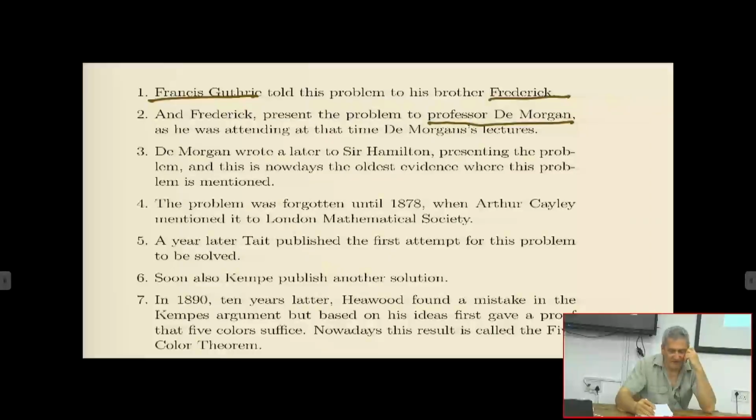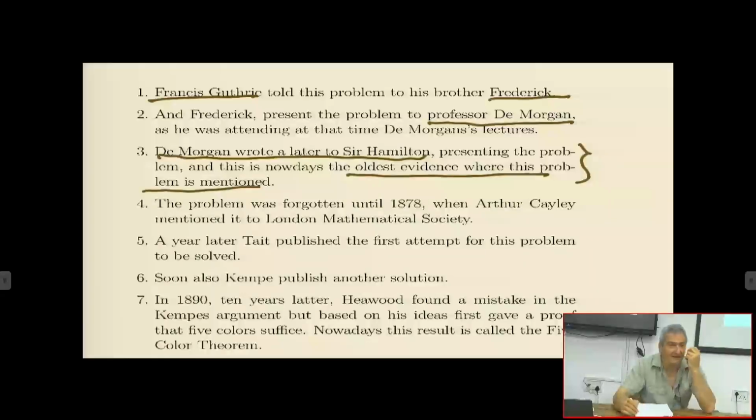Then De Morgan wrote about it later to Sir Hamilton, you know, Hamilton cycle. And this is also a famous English mathematician. And this is like the first official evidence where this problem is mentioned, in this letter. Probably this letter exists somewhere, yes.